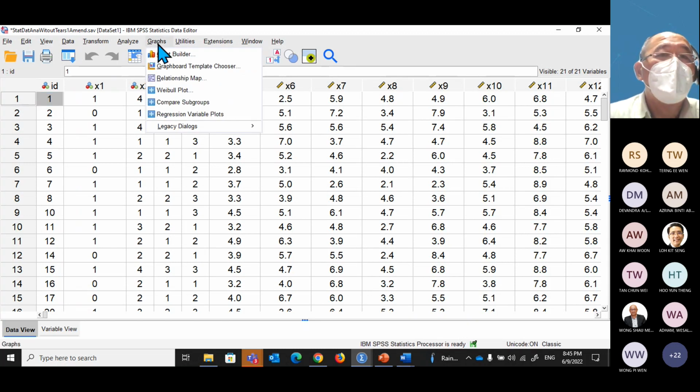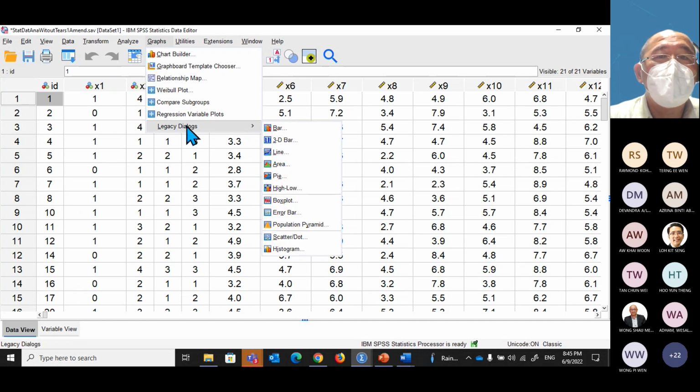So graph, and then scatter. We use the same model as just now, X12 until X16.